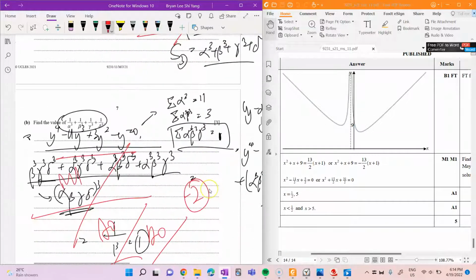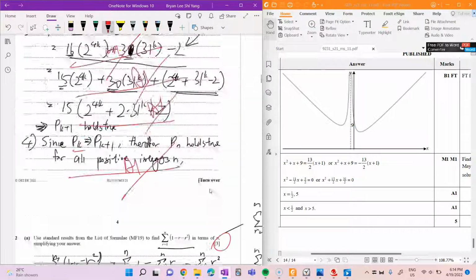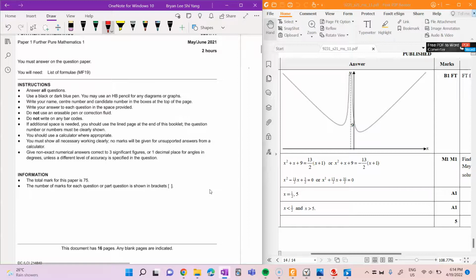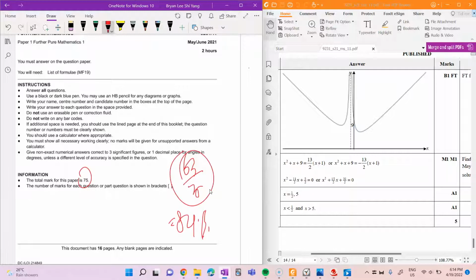Oh my god, -12. So the full mark of this paper is 75. So 75 minus 12, 63 over 75 is 84%, which is kind of a good grade.